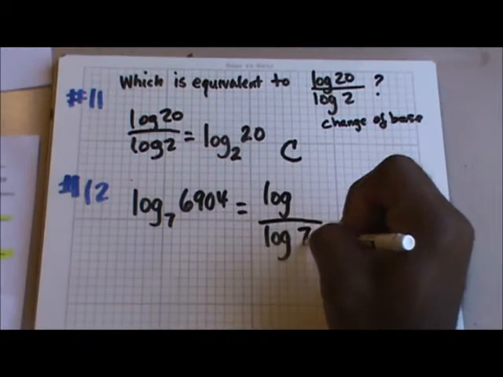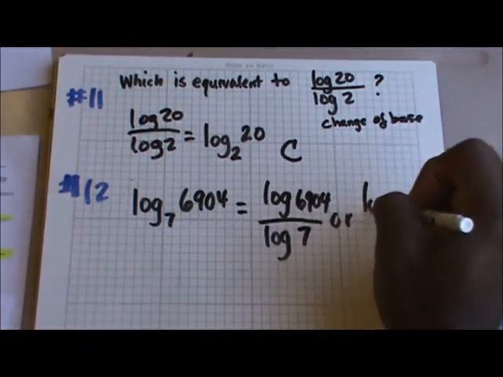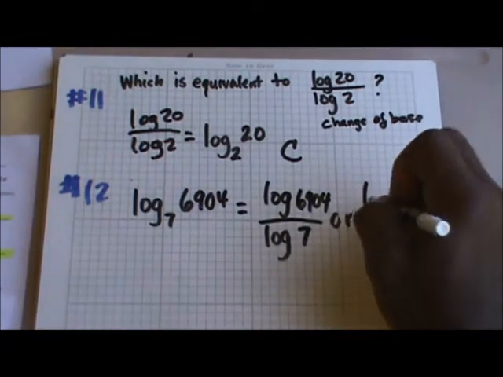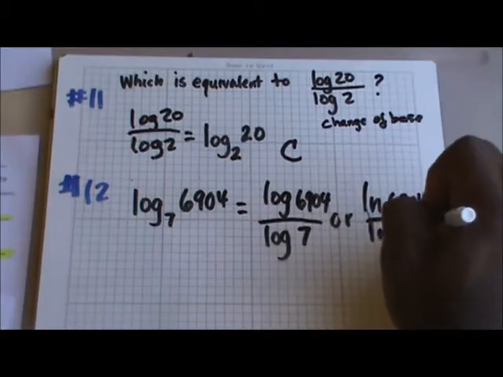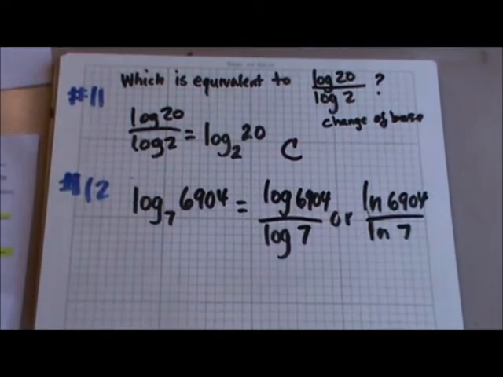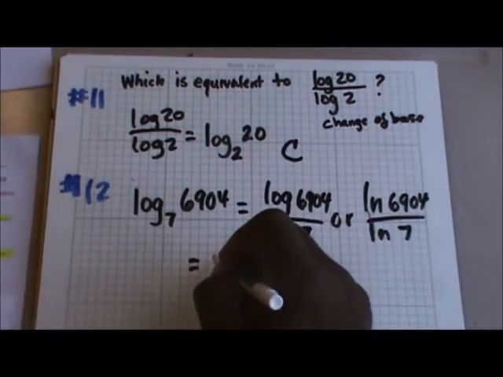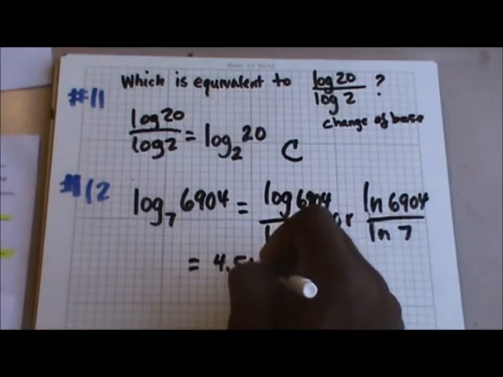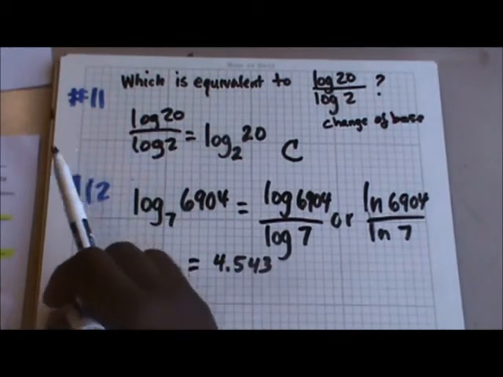Remember the base goes in the basement, so log of 6,904, or you could go natural log, either way, 6,904 over natural log of 7. Either way works. In that case, our answer for number 12 is 4.543.